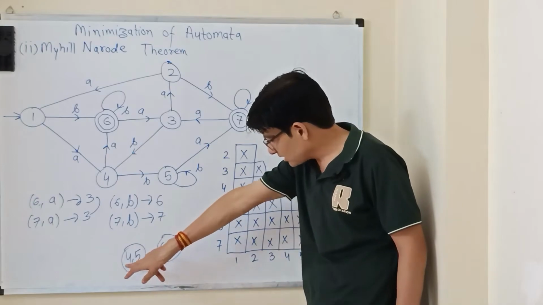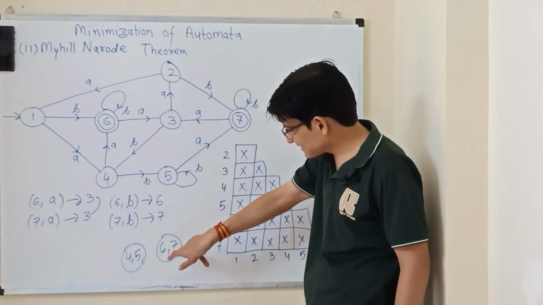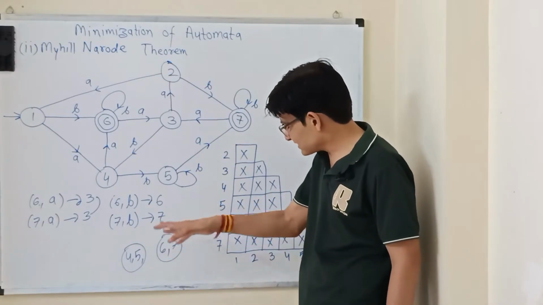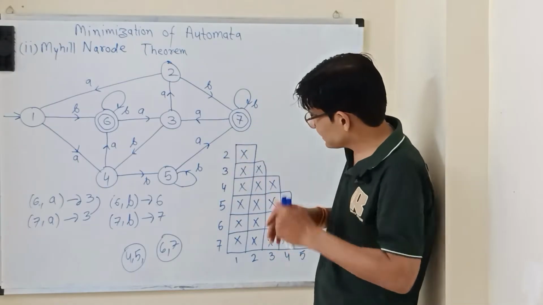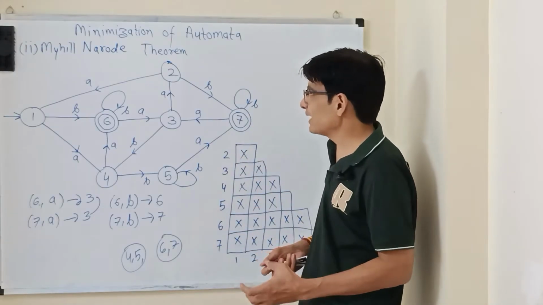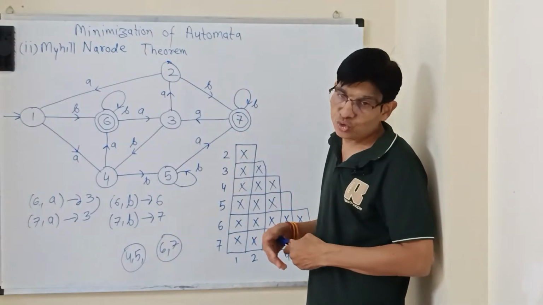There also we were merging 4 and 5, and 6 and 7. So the same answer we have got through this Myhill Nerode theorem. So this is how you can apply Myhill Nerode theorem on any DFA to minimize it.